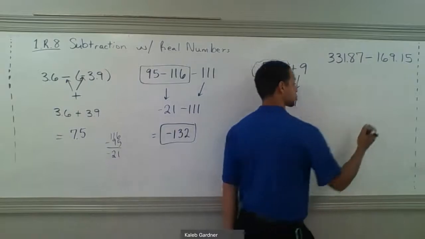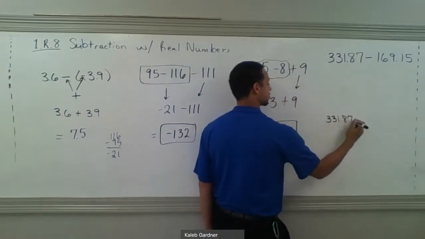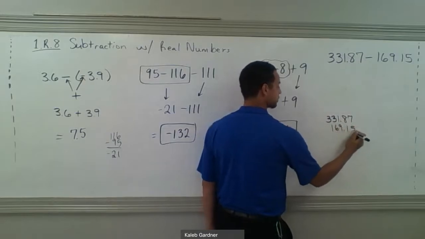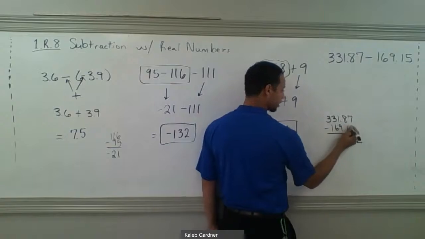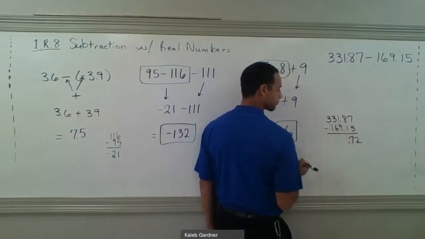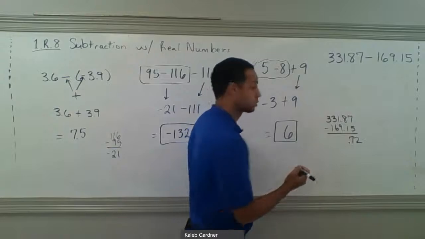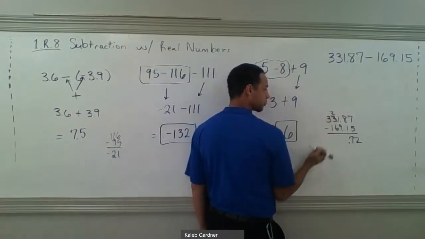Let me show my scratch work down here. 331.87 over 169.15. All right, 7 minus 5 is 2, 8 minus 1 is 7. Bring down the decimal. 1 minus 9 we can't do, so we have to borrow from the 3.